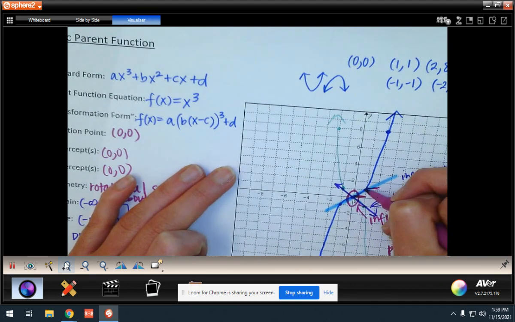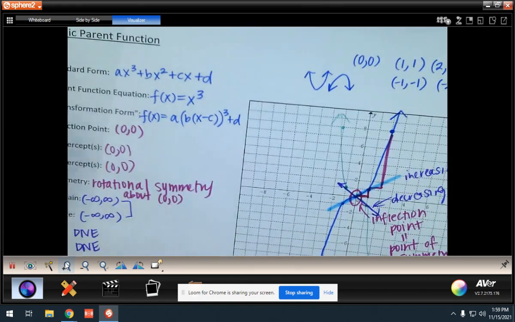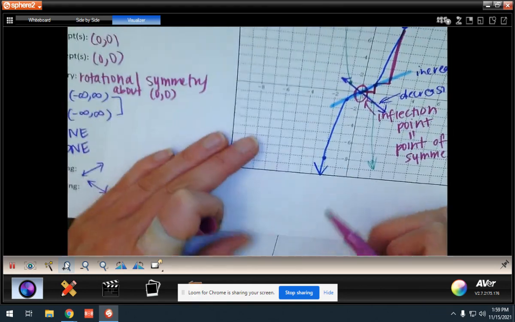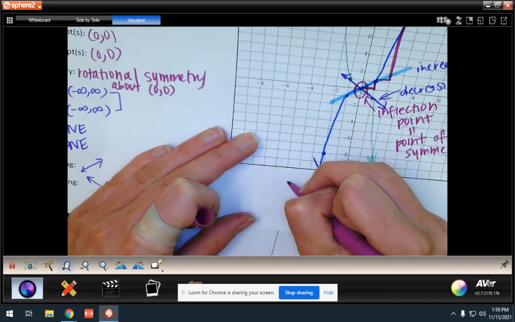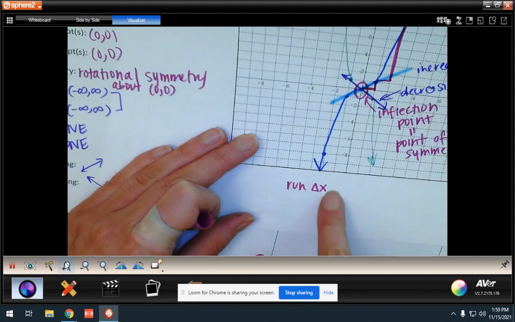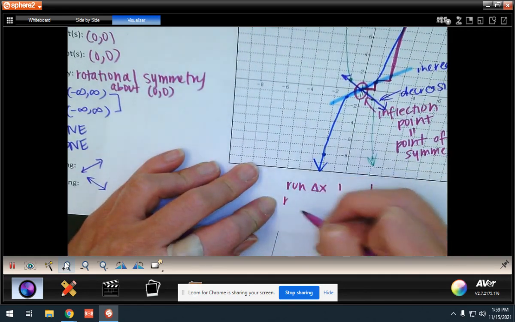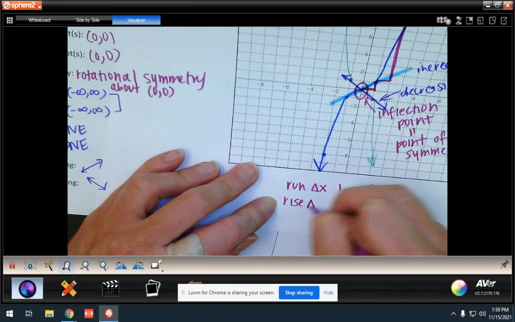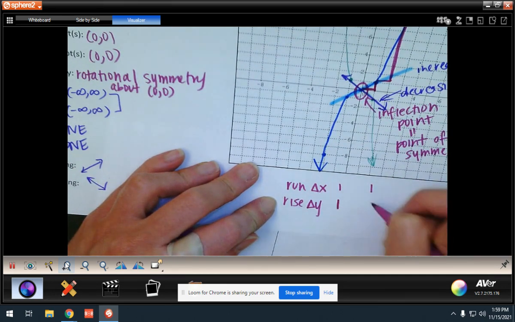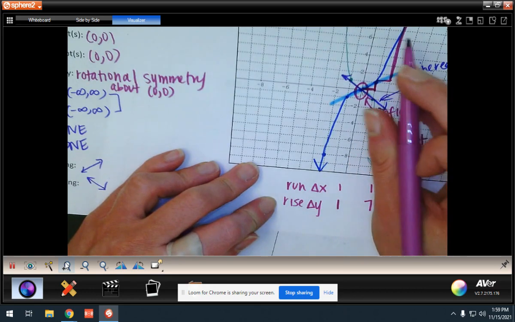But this time we're going up 1, up 7. Your run numbers, which is your change in x, you may see that delta x, is going to be 1 and 1, whereas your rise numbers, your change in y, is going to be 1, then 7. So over 1, up 1, over 1, up 7.